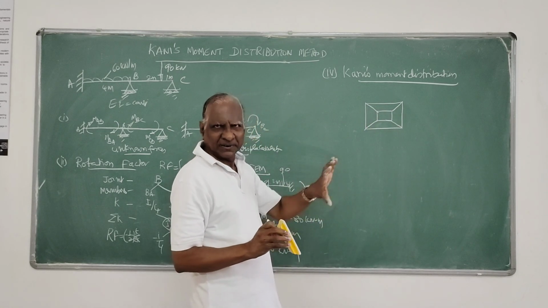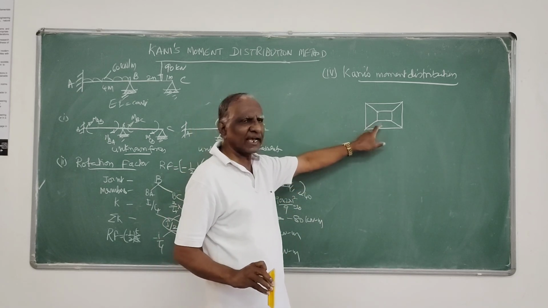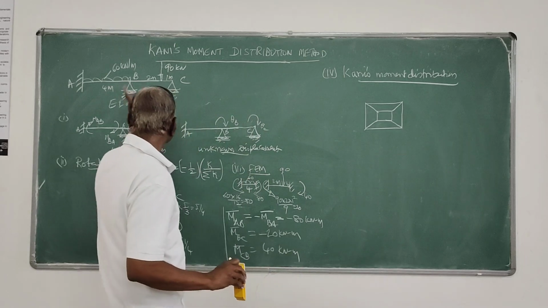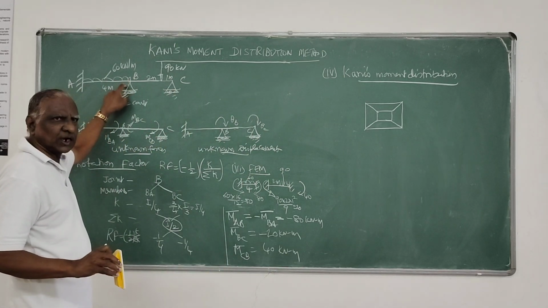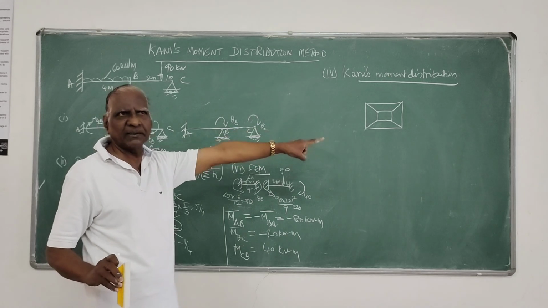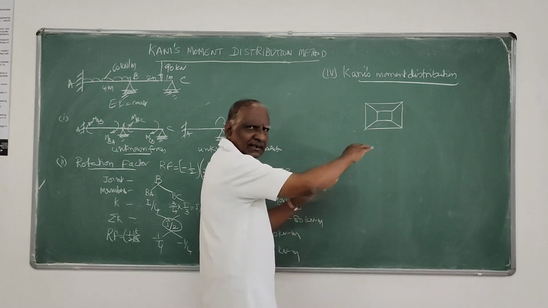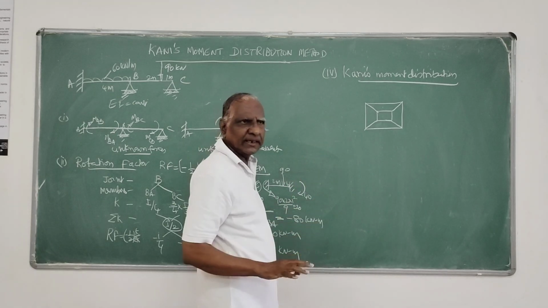Because we are doing it in the form of a diagram, each continuous joint, this is the continuous joint B, we indicate in the form of a diagram using two squares or rectangles, one inscribed in the other.